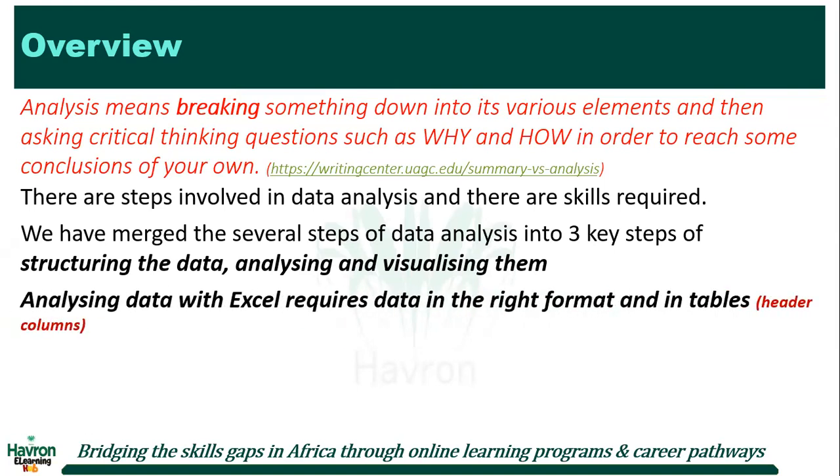So we will be analyzing data with Excel, and it requires that the data be in the right format and arranged in tables. When we talk about tables, we will see what tables are. Most of the things that we work with in Excel are rather not Excel-recognized tables.